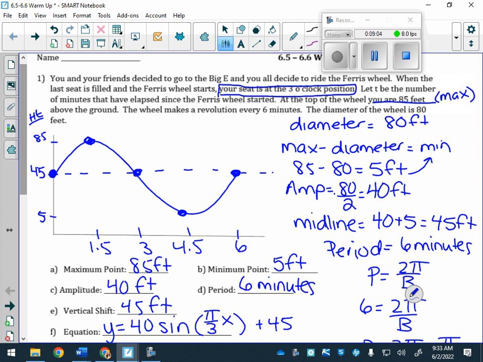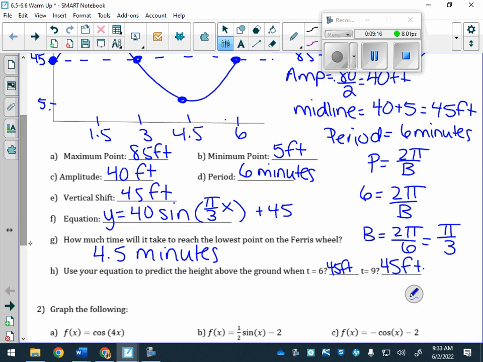Do we understand how to identify the period and then the increments? Are we okay there? Yep, good. Okay. Finding your equation. Understanding the A value. Are we good? Okay. Understanding the D value, which is your midline. Yes.